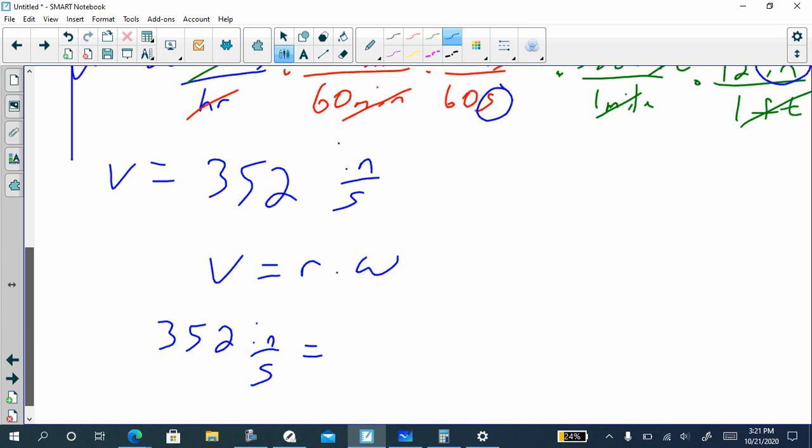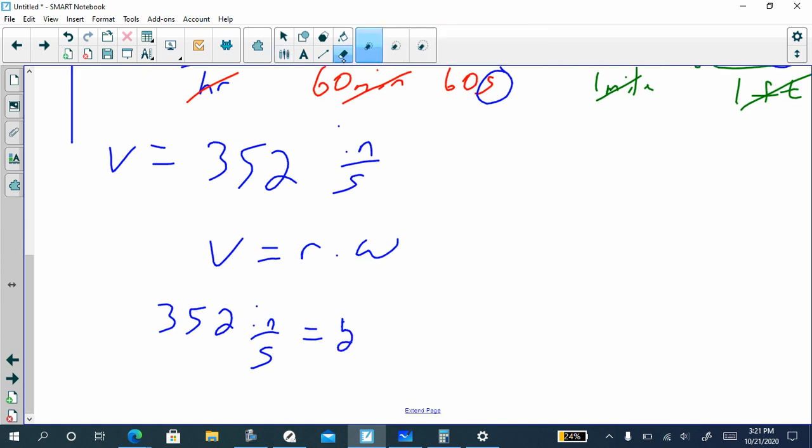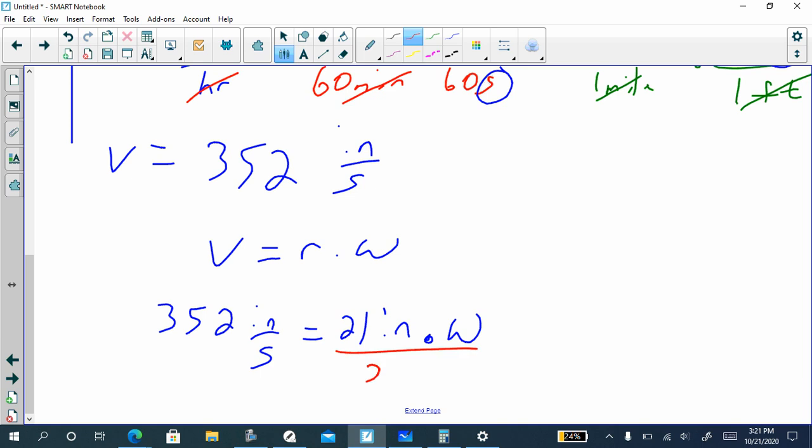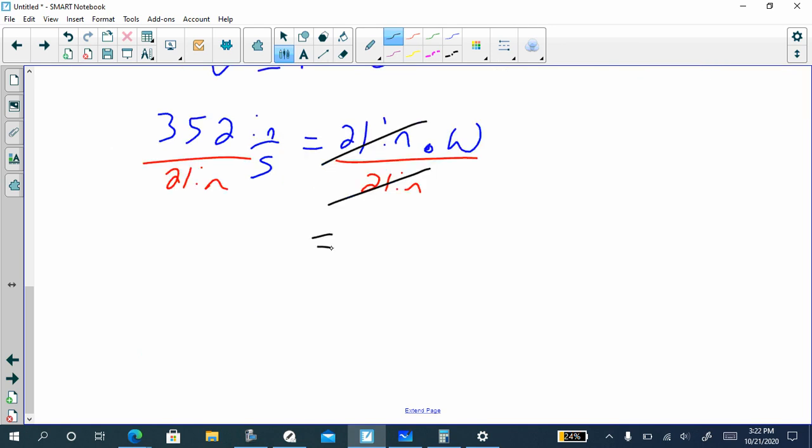R is 21 inches, times omega. So if we want to get omega by itself, divide by 21 inches. So the 21 inches cancel on the right, leaving omega. On the left, inches on bottom, inches on top cancel.